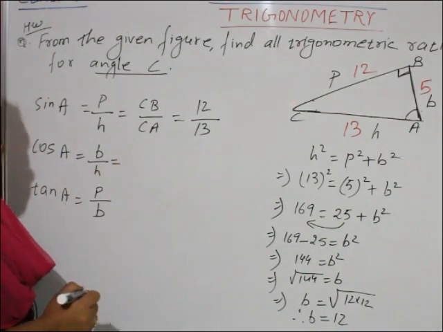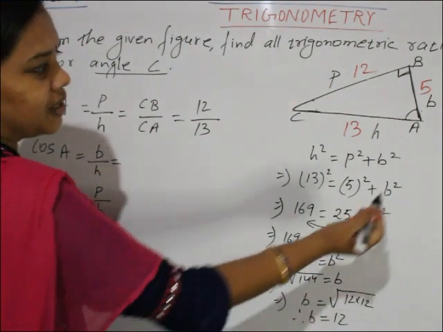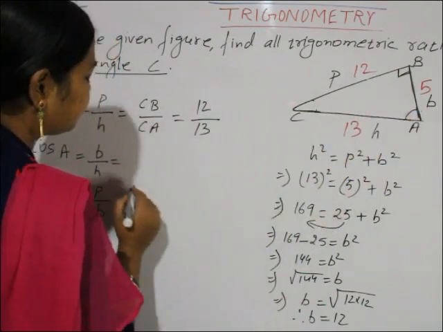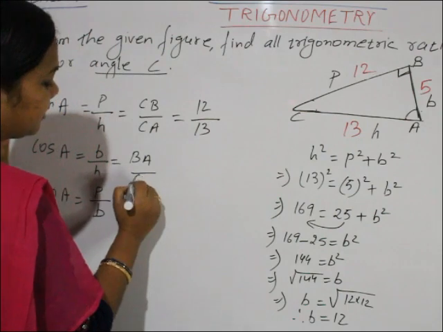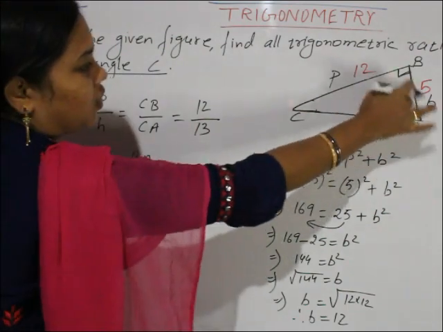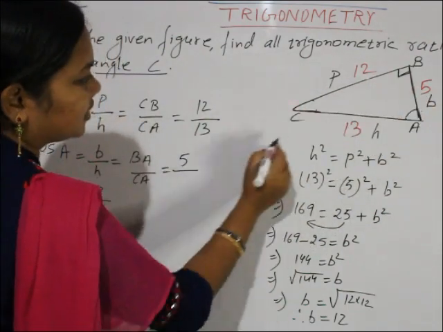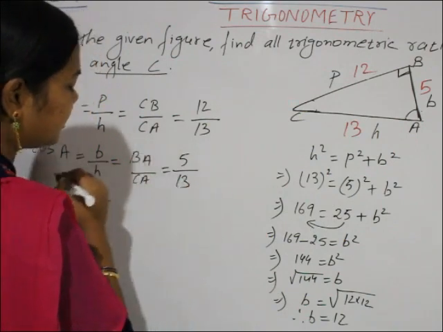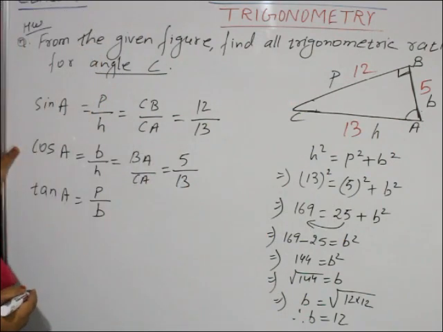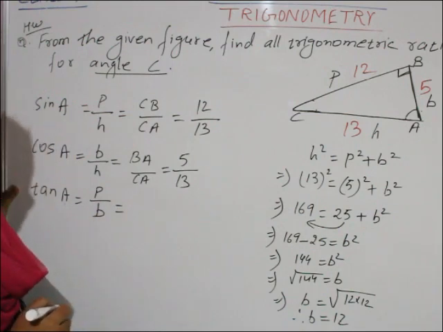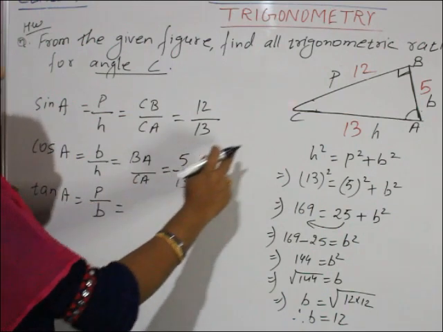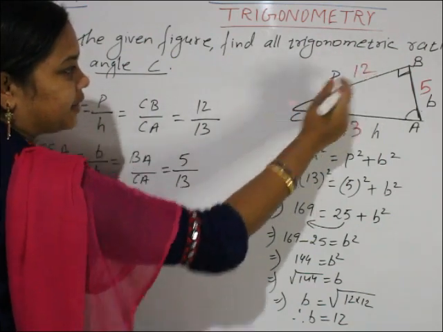Cos A is B by H. Where is B? BA. H is CA. BA how much? 5. CA how much? 13. So cos A became 5 by 13. Now tan, P by B. Where is the perpendicular?